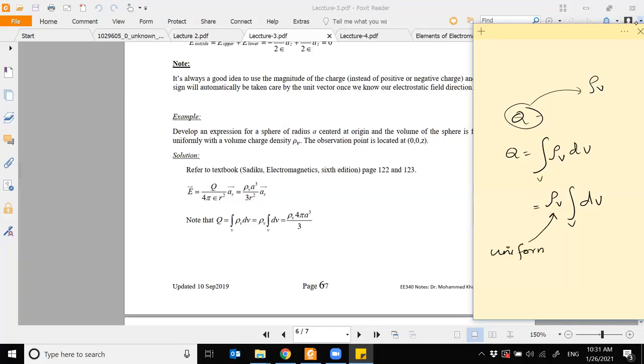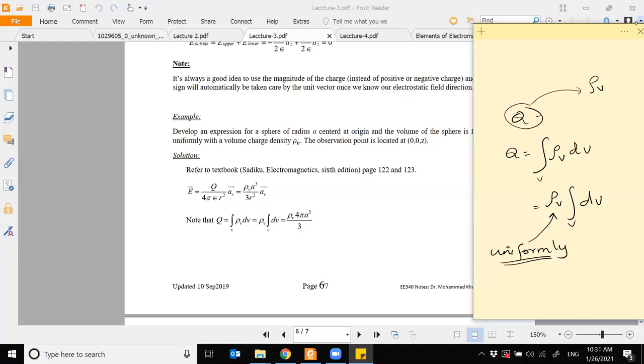That's why the word uniformly distributed is very important, and that is why in the example questions I have mentioned, it is uniformly distributed. Uniformly means it's a constant, and therefore this constant can be taken easily outside. But if your charge is not uniform, then you cannot take it outside the integral. You have to keep it inside the integral and do the integration.